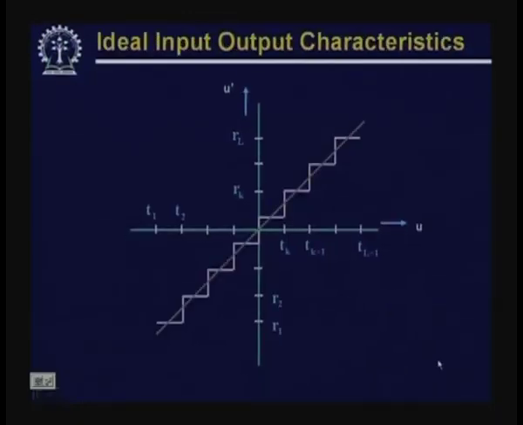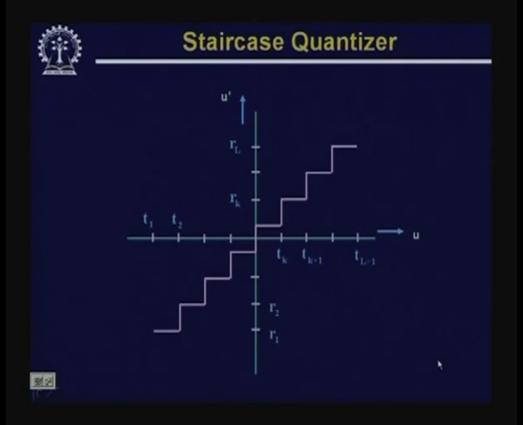So, let us come to this particular slide. It shows the input output relationship of a quantizer. Along the horizontal direction we have put the input signal u and along the vertical direction we have put the output signal u prime, which is the quantized signal.